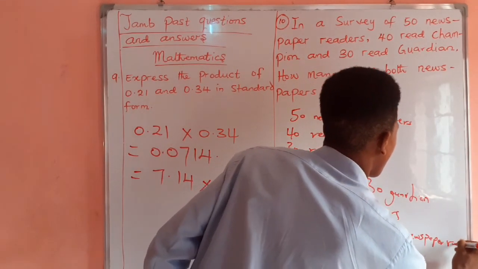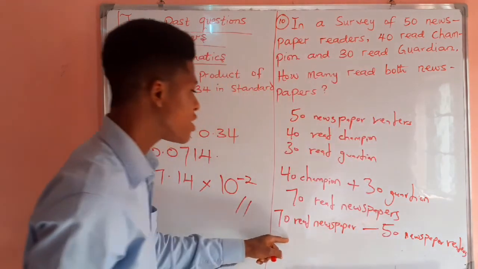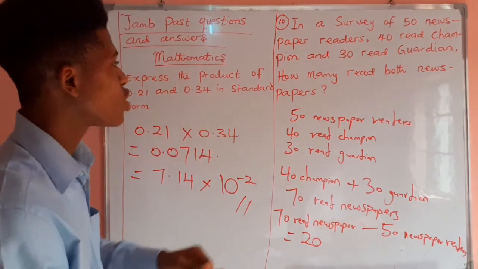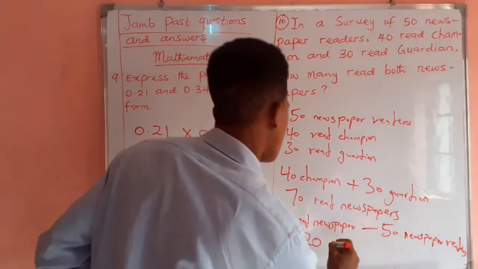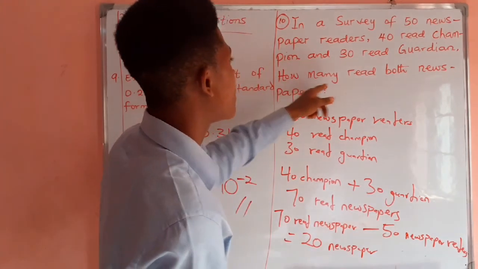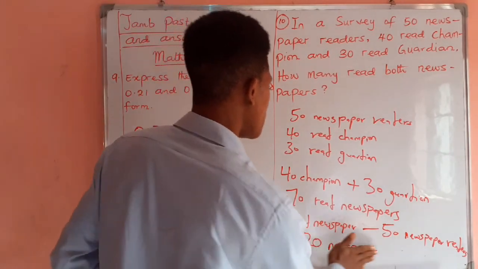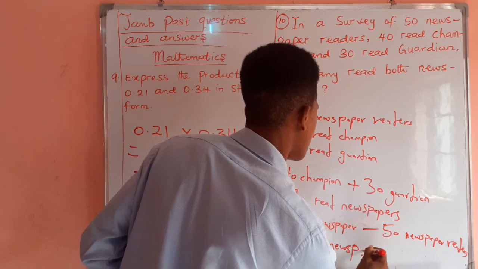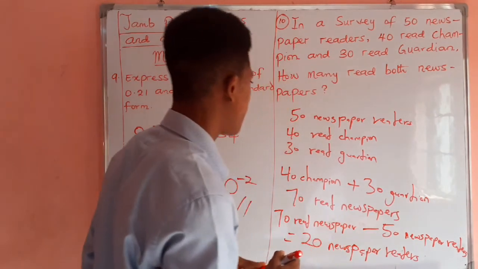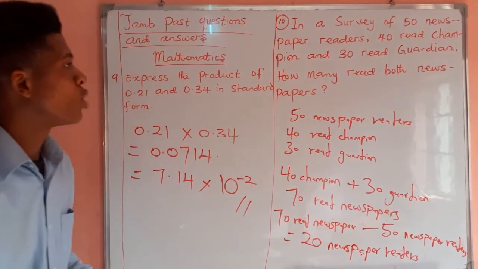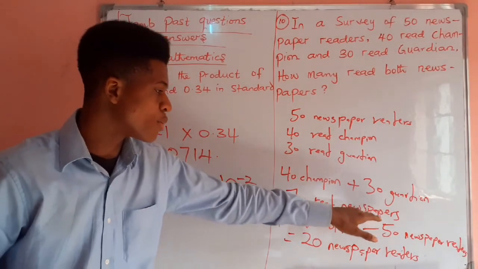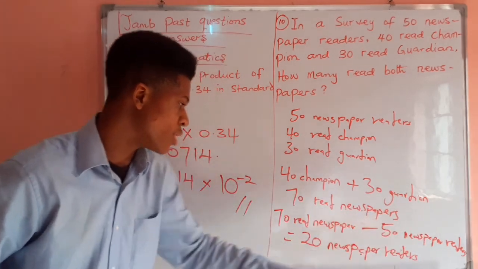So 70 minus 50, of course, you know you have 20. So how many read both newspapers will be 20 newspaper readers. 20 newspaper readers that read both newspapers, both Guardian and Champion. 70 newspapers read minus 50 newspaper readers gives you 20.